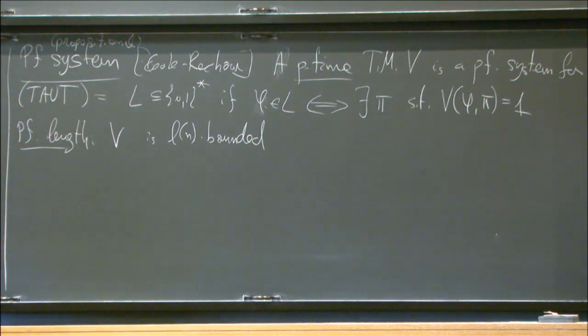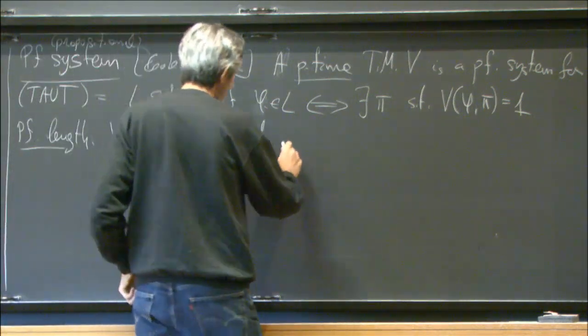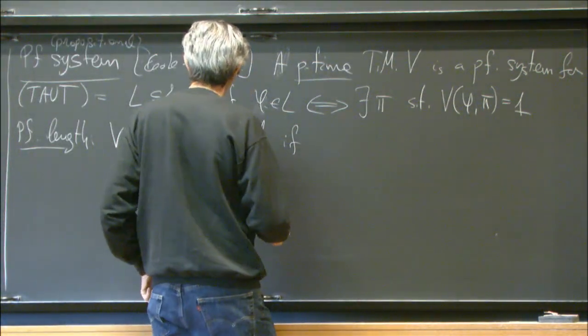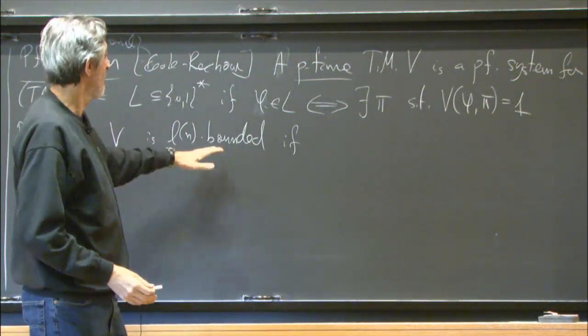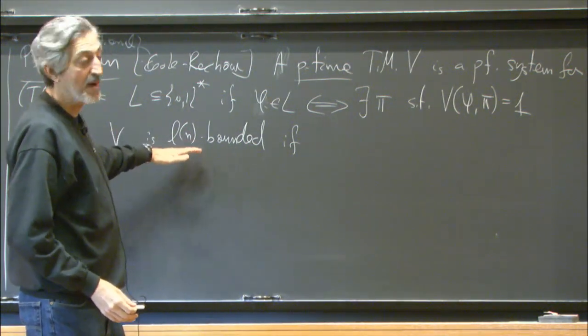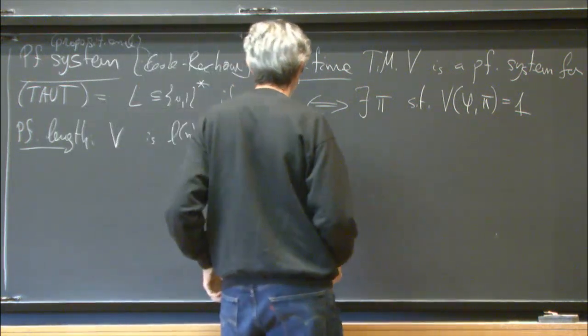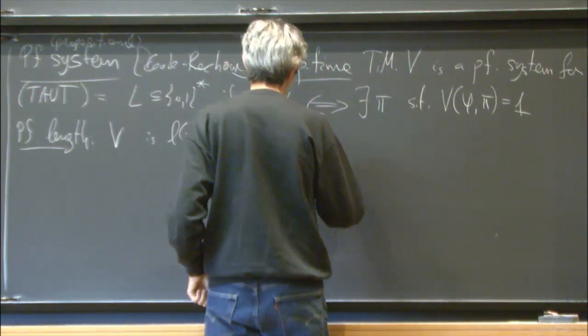V is L of n bounded if proofs are always short, in the sense that their length is bounded by this function of the given input or tautology.